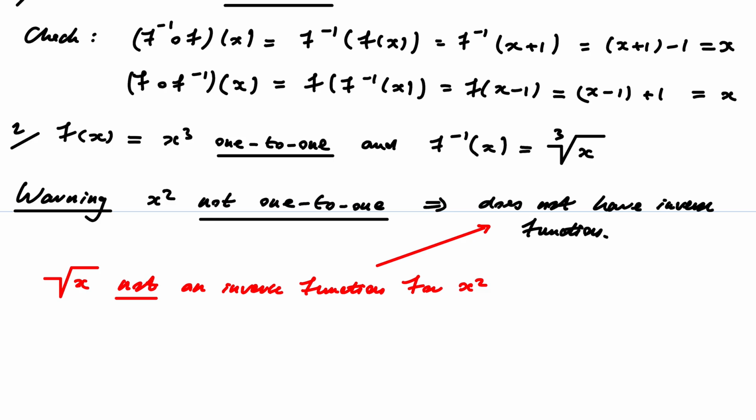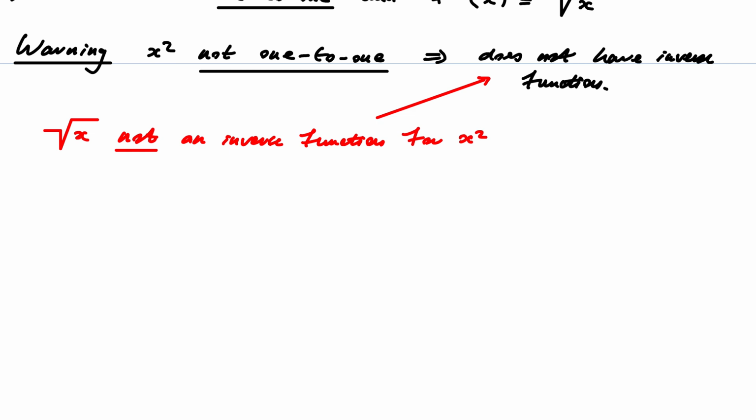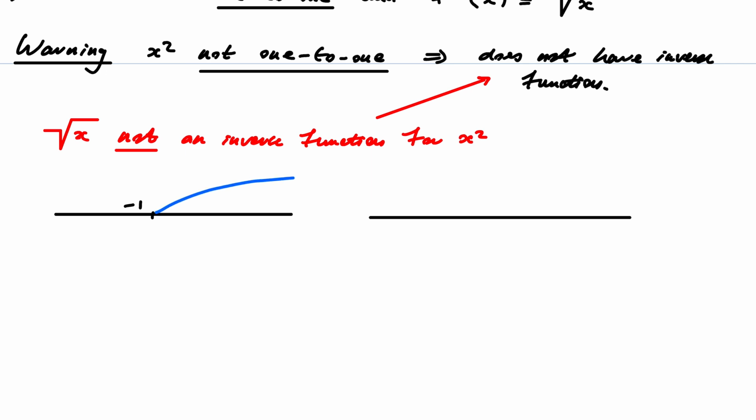Next, you wouldn't have the cancellation properties holding. Just as an example, if I was to take -1, and then I was to do the function x squared, of course I'd go across to 1.